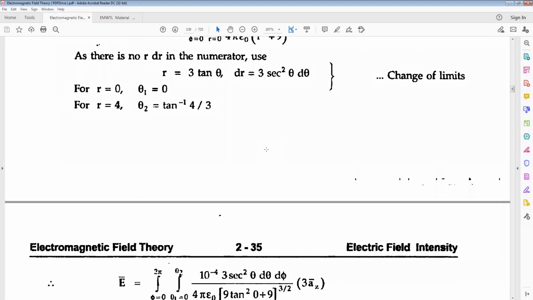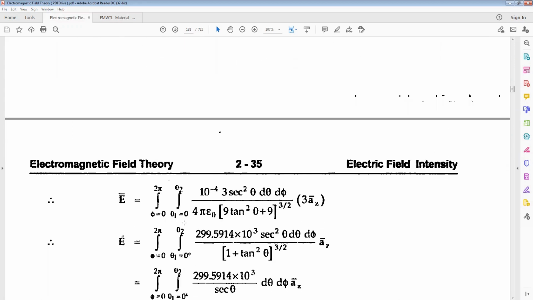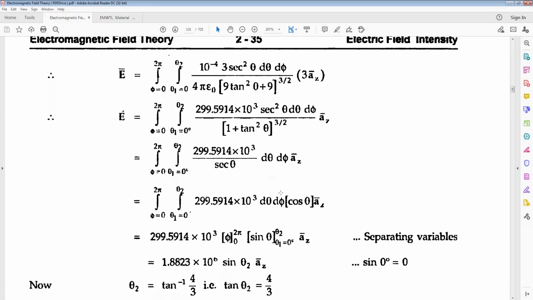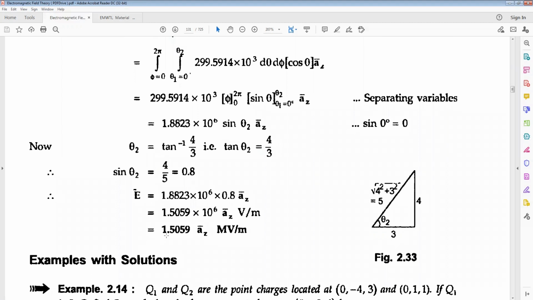So substitute the r values with the theta values, where theta varies from 0 to theta 2. Simplify the function. Then we get E bar is equal to 1.5059 AZ bar. Okay, 1.5059. Got it, my dear students?